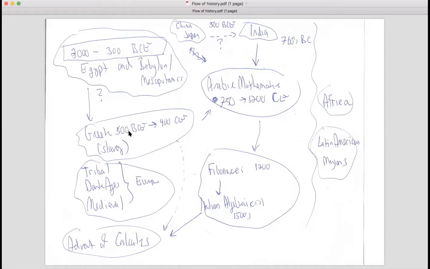And then one thing I'm noting is that it's unclear. I do not study Greek civilization. That's not an area of specialty, but they used slaves, and so a lot of Greek culture is based on slavery, and there was a normalization of that.